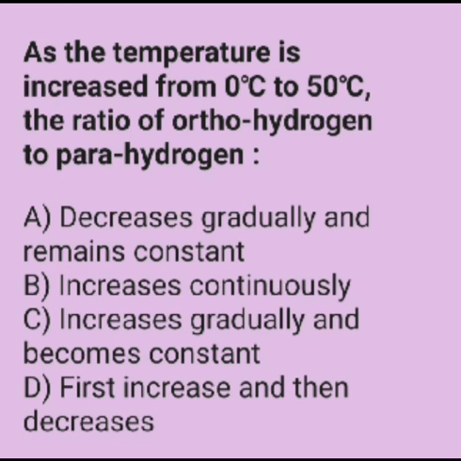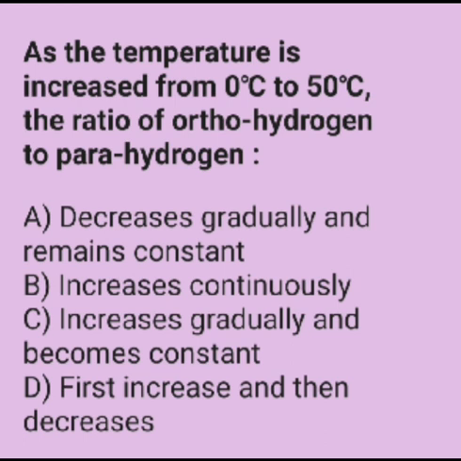So, they are asking you, as the temperature increases from 0 to a higher temperature of 50 degrees Celsius, what would be the ratio of orthohydrogen to para-hydrogen? Just think about it. As the temperature increases, what happens? Orthohydrogen starts to predominate within the hydrogen mixture which is present, right? So, the orthohydrogen will increase gradually as the temperature is increased, and it will become constant.